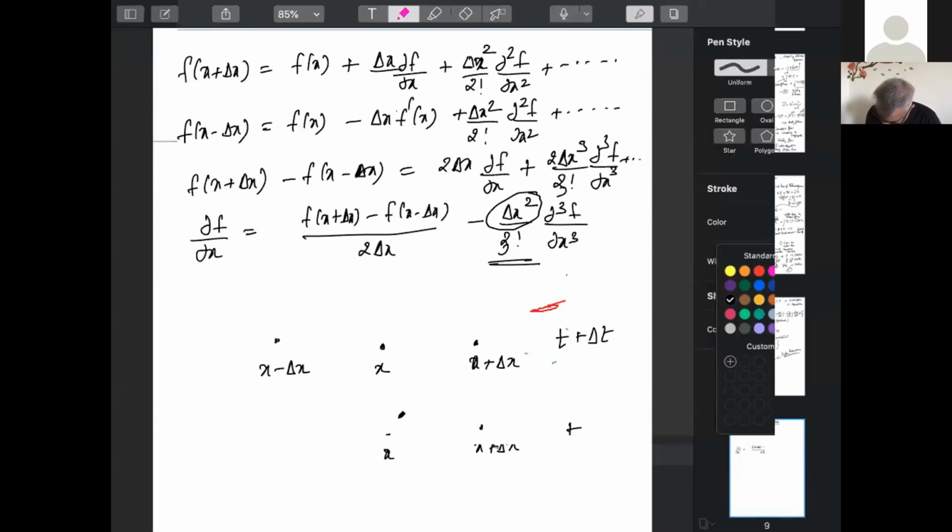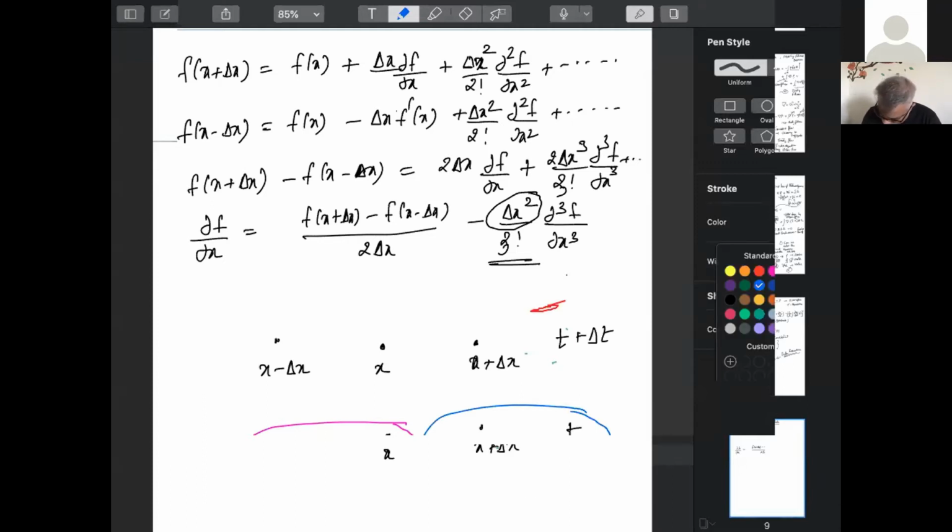So you are approximating the first derivative. If you take these 2 points to take my spatial derivative, that becomes backward difference. If you take these 2 points, that becomes forward difference.